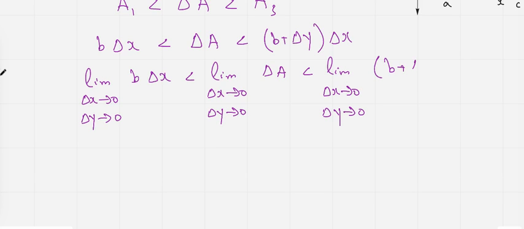Now, before applying the limit, because if you directly apply the limit at this stage, then of course the upper bound and the lower bound of the inequality are going to be 0, so we don't want that.